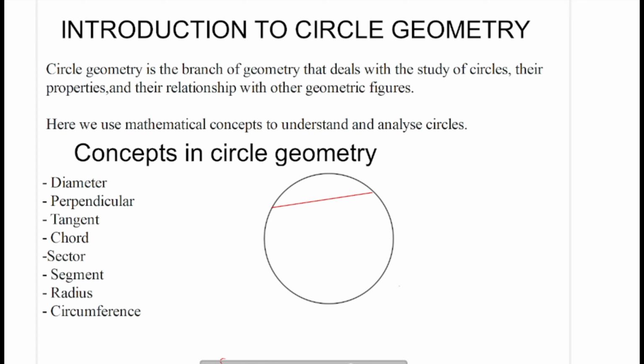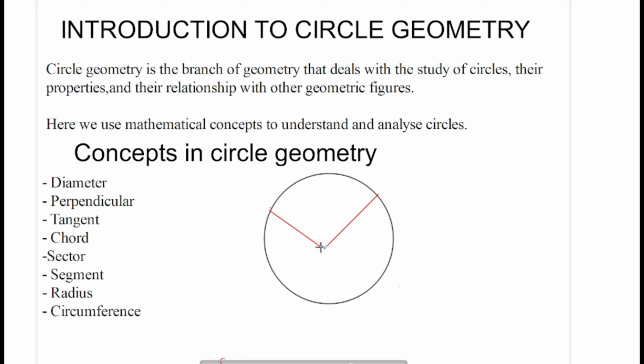All right, the next one is a sector. The sector is a region bounded by two radii. A radii is the plural word for radius.